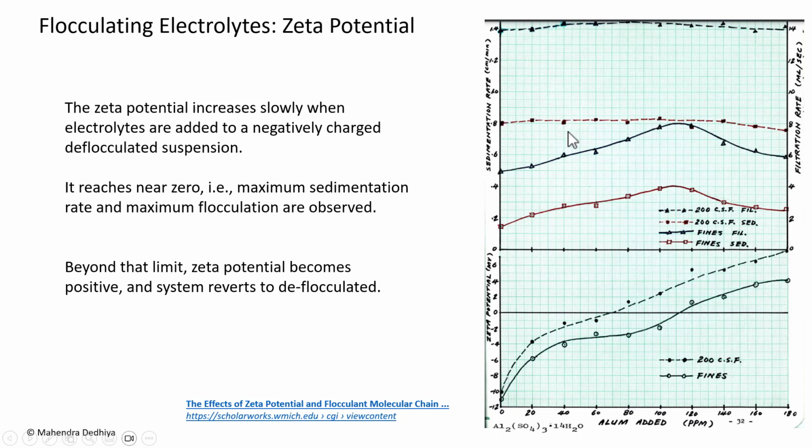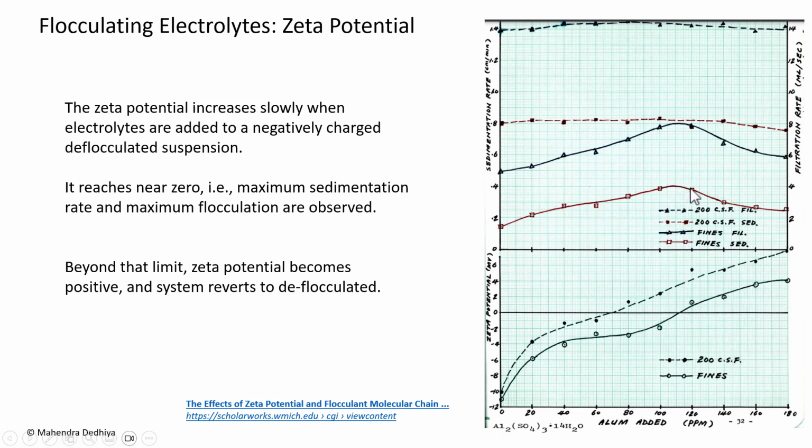And it's shown here. Sedimentation rates of flocculated and deflocculated suspensions are shown here. As zeta potential increases, the sedimentation rate decreases until zeta potential is around 0.